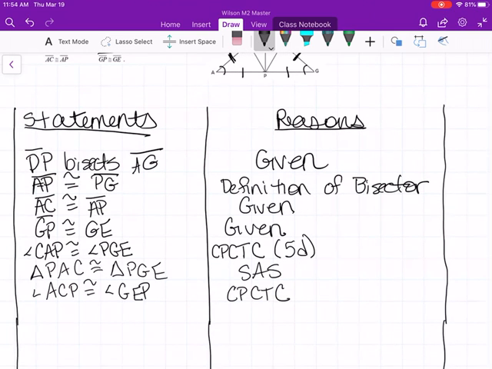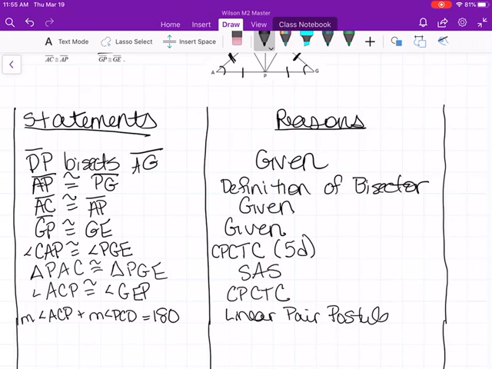So I can next say the measure of angle ACP plus the measure of angle PCD equals 180. That is because of the linear pair postulate. Similarly, I can say the measure of angle GEP plus the measure of angle PED equals 180 degrees for the same reason.